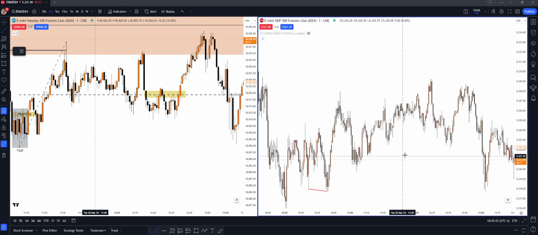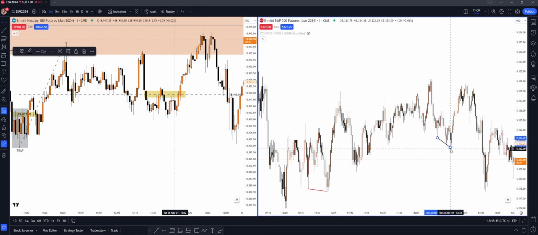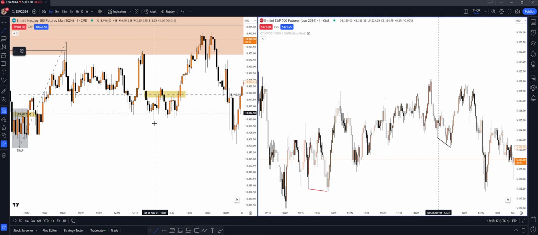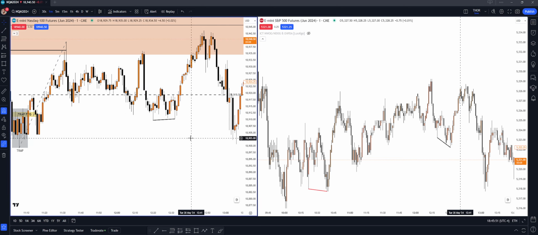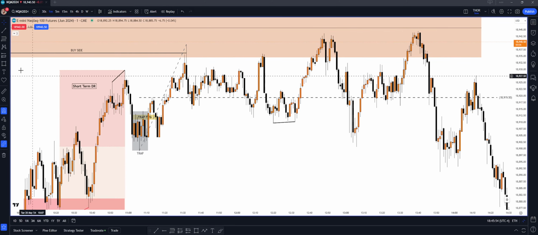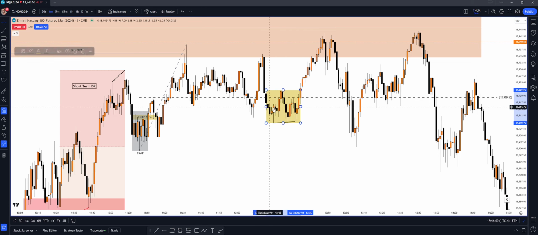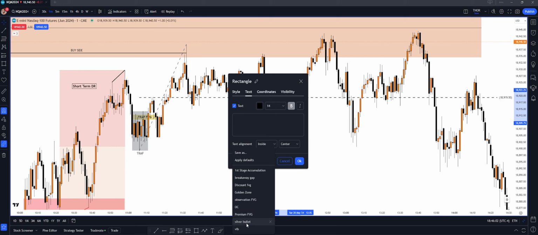Yeah, so here, as you can see, ES was making lower lows, whereas NASDAQ failed to do so. So that became another smart money reversal, which is the traditional one here. I'm going to annotate this as SMR as well.